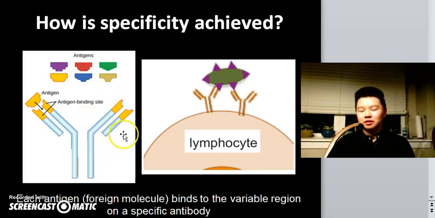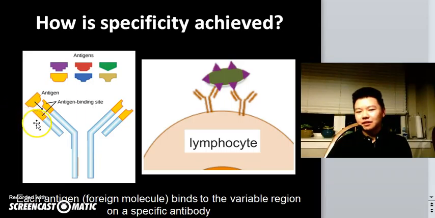Our body produces these proteins called antibodies, which have two arms, and on each arm is an antigen binding site that is specifically shaped. It's a protein that's specifically shaped to bind tightly, strongly, and specifically only to the antigen that it's made for.